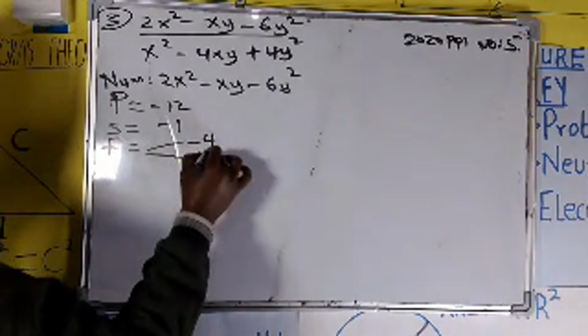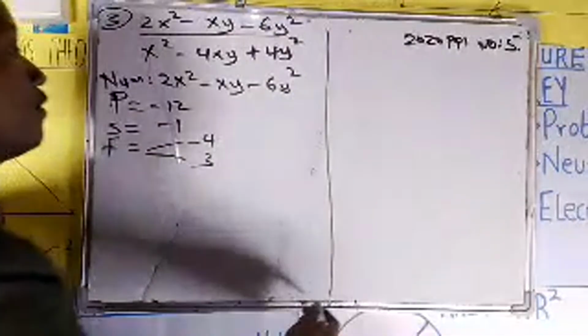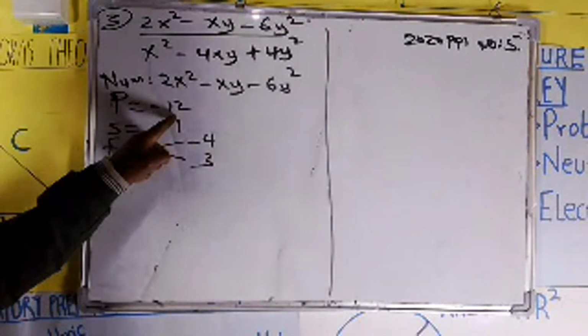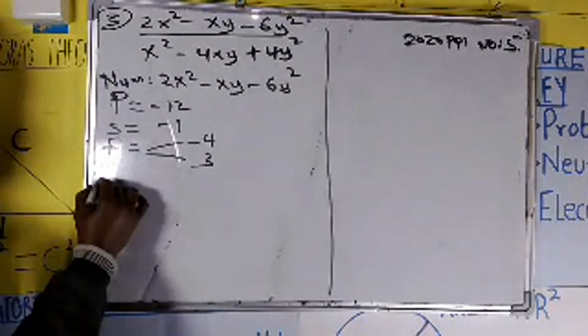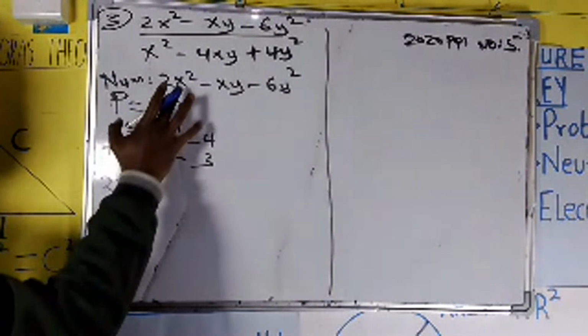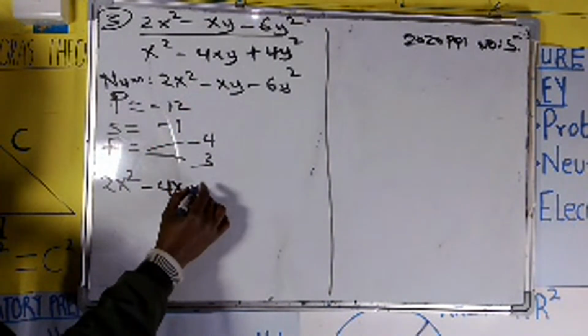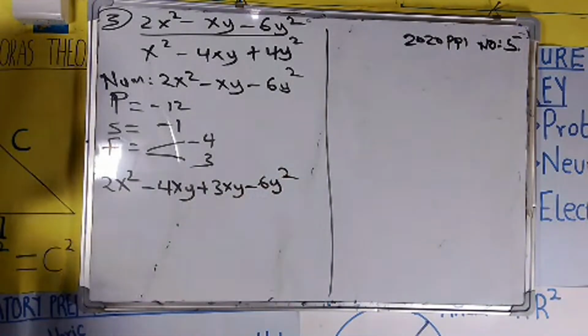It will still be negative 4 and 3. So negative 4 times 3 is negative 12. Negative 4 plus 3 is negative 1. And from there we will have 2x squared. We can now replace this and have minus 4xy plus 3xy minus 6y squared.